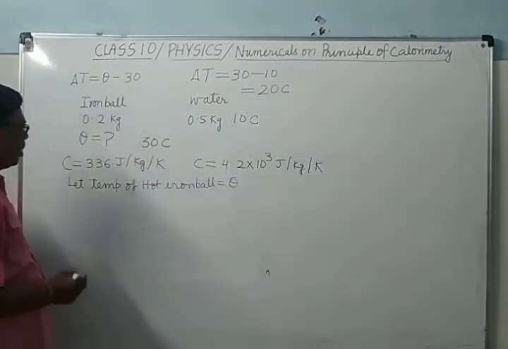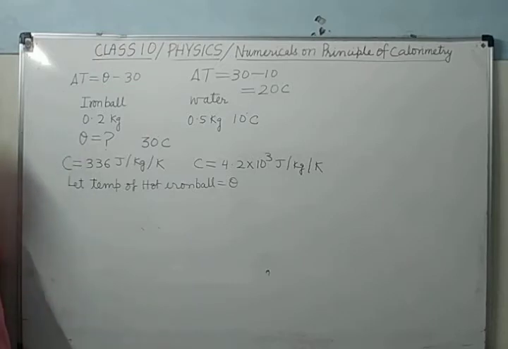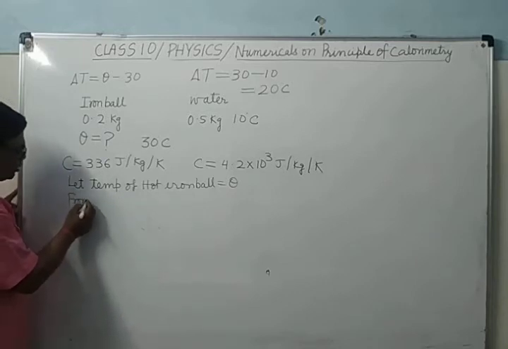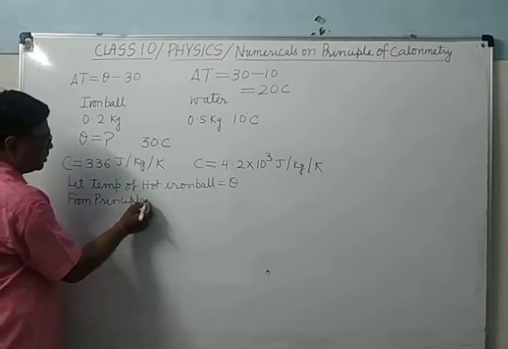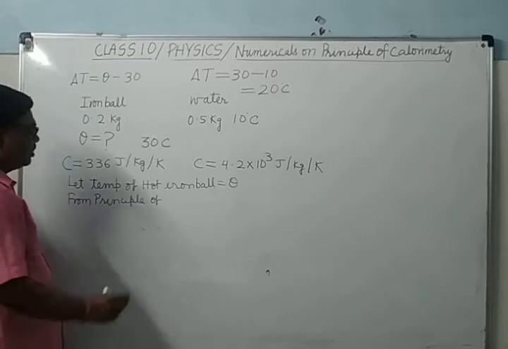Now from the principle of calorimetry, you can write that the hot iron ball will lose the heat energy and the water will gain the heat energy. So from the principle of calorimetry, this statement is very necessary. It's clear. This you have to write. Don't write the step directly.